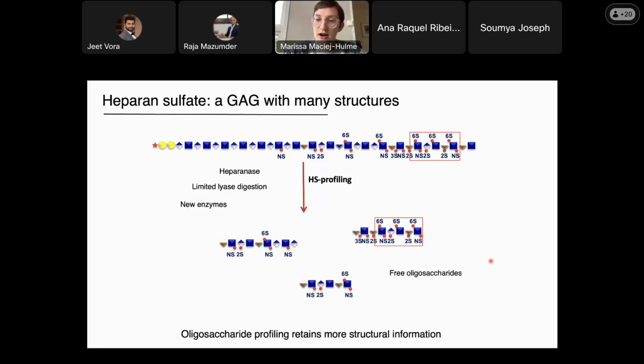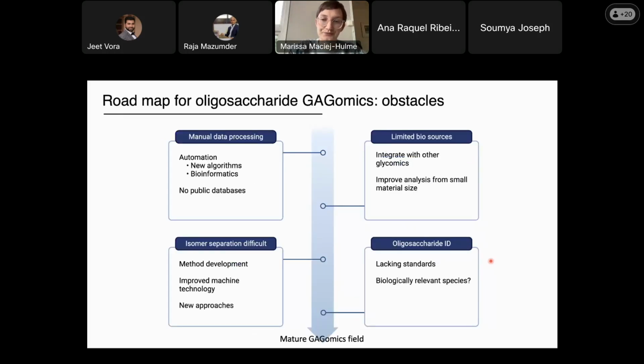Since oligosaccharides often retain biological activity, probing GAG oligosaccharides with known ligands may also provide useful information for relevant glycan species. And we know that oligosaccharide profiling will retain more structural information. So how do we get there?